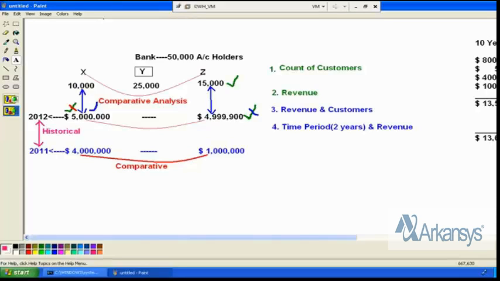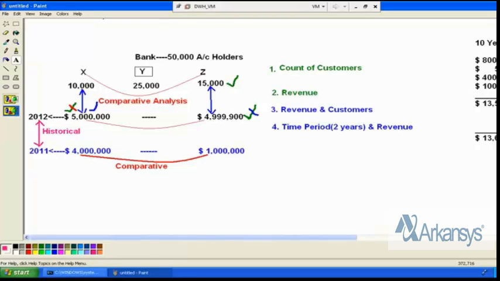So X is the best one in terms of revenue. In 2012 it is 5 million, in 2011 1 million. That means you are talking about totally 2 years, the total amount. Okay. Yes, total amount.